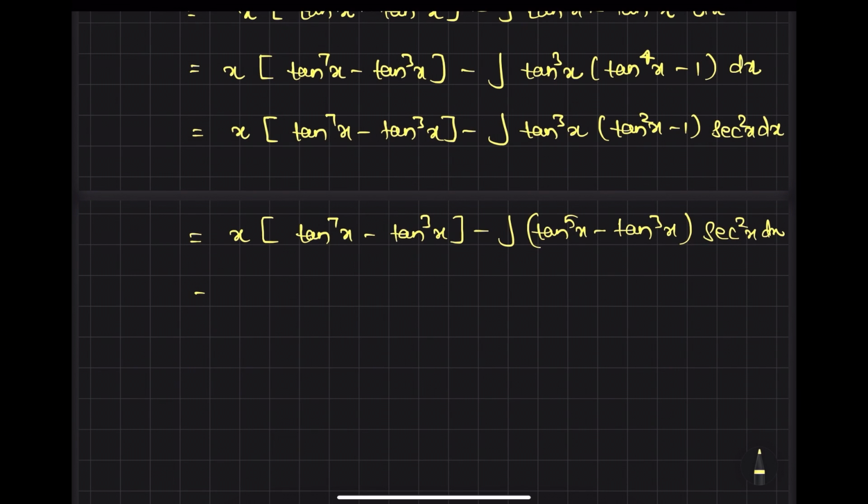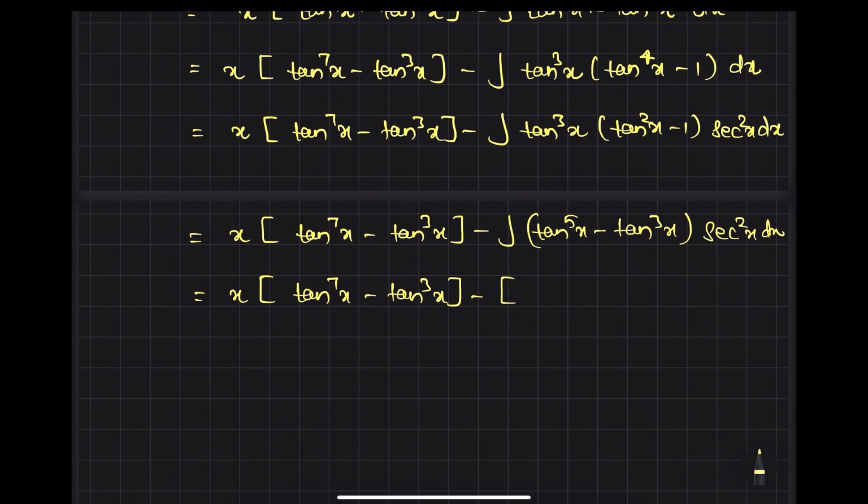Correct? So we will integrate x times tan power 7x minus tan power 3x, minus, look at the integration of tan power 5. You know tan x will be taken as z. So it is z power 5.